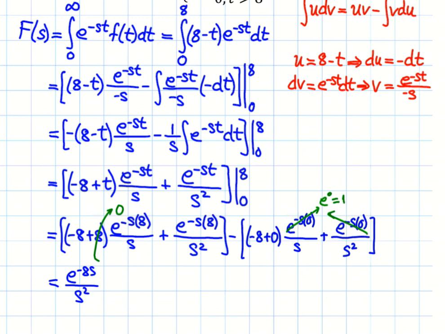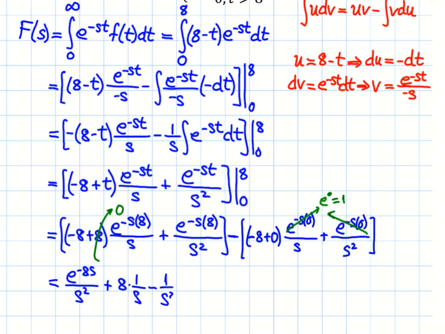That's the first one, and then a minus a negative a, so that's a positive a. e to the 0 power is 1, and then go over s. And then minus 1 over s squared.